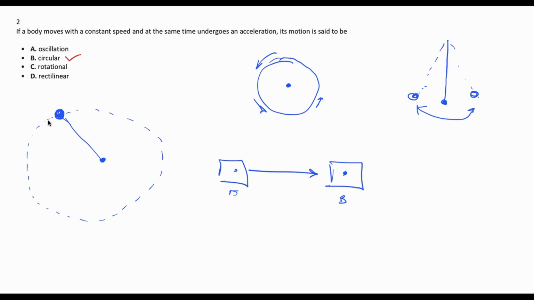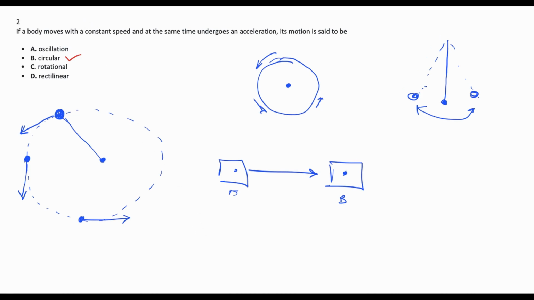But if this body moves at a constant velocity around this path, at every point in time the direction of motion is tangential to the path. Although the body is moving in uniform motion, the direction is constantly changing.